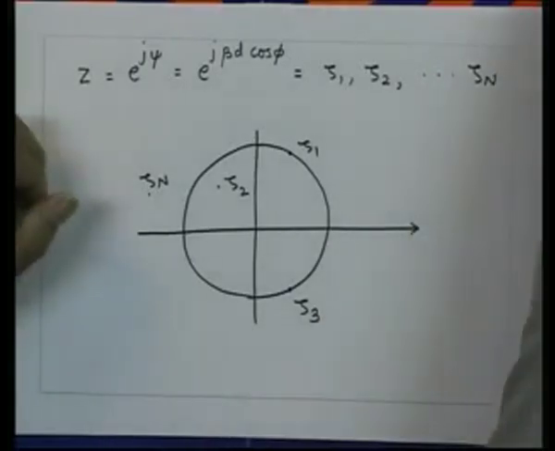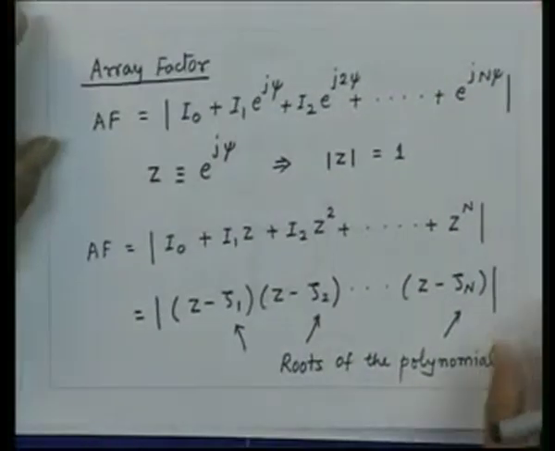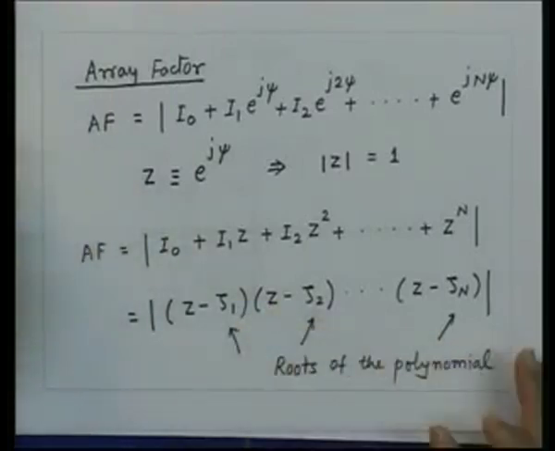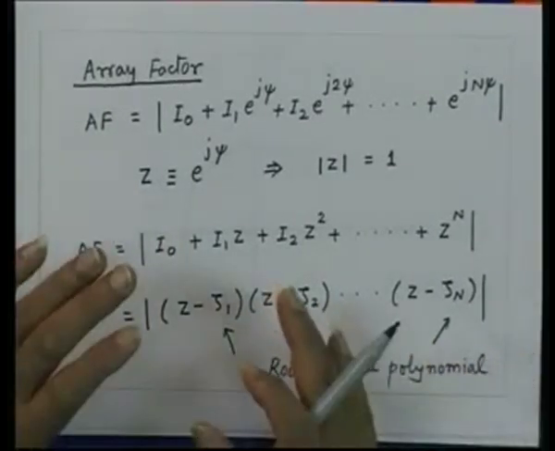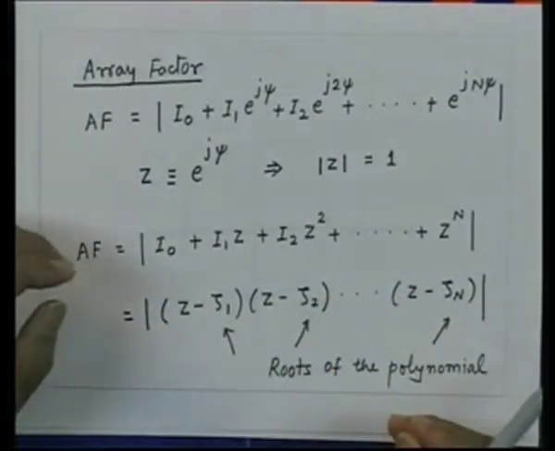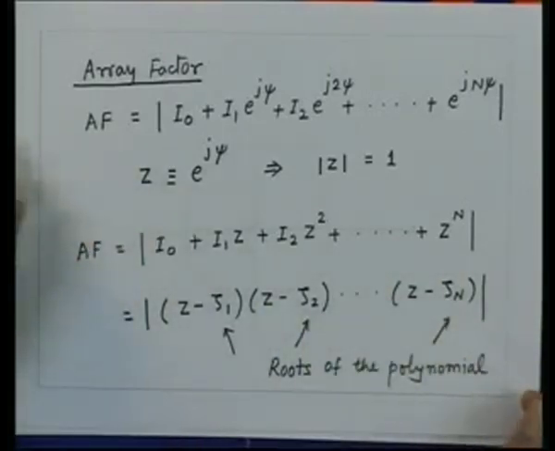So now, although the theorem says that every polynomial can be thought of as an array, and every array represents essentially a radiation pattern and a polynomial, the root of a polynomial not necessarily represents the null of the radiation pattern, because for the null to be represented, the points should lie on the unit circle.